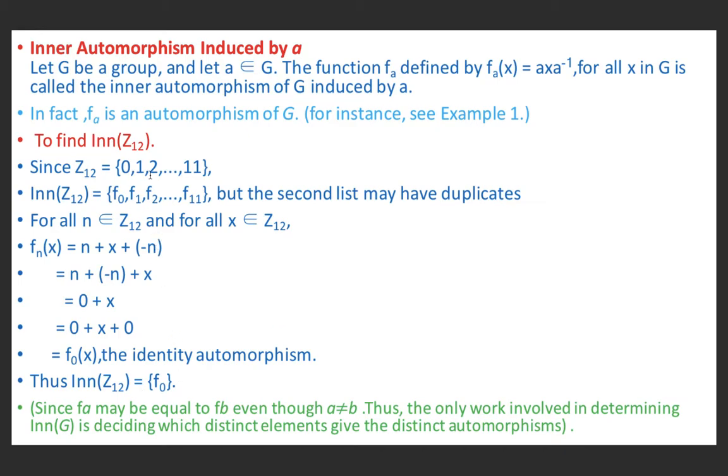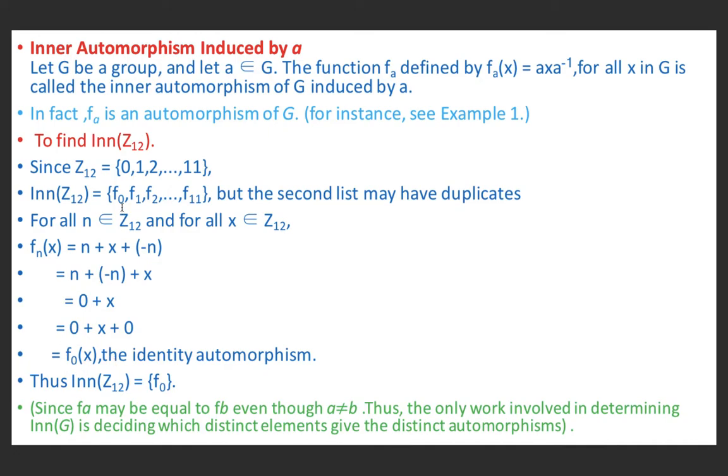One way to verify: if we replace n by 0, then also we get F0(x). If we take n equal to 1, then 1 minus 1 is 0 plus x. So for all the elements we get F0(x).